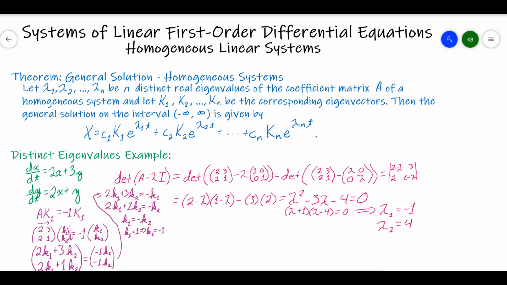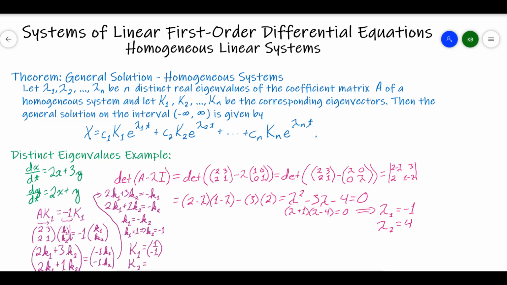So this all means that capital K1 is going to equal 1 as my top entry, my little k1, and my little k2 is negative 1 as my second entry. And that's my first eigenvector. That goes with my eigenvalue of negative 1. Now I would go through the same process, replacing the negative 1 with 4, and going through the same process will give me K2.